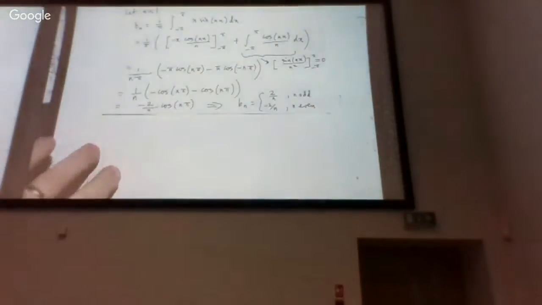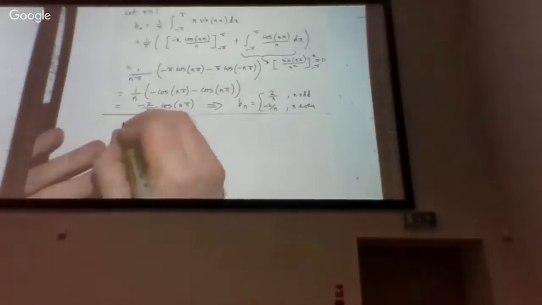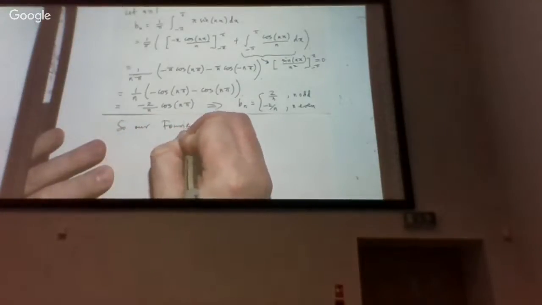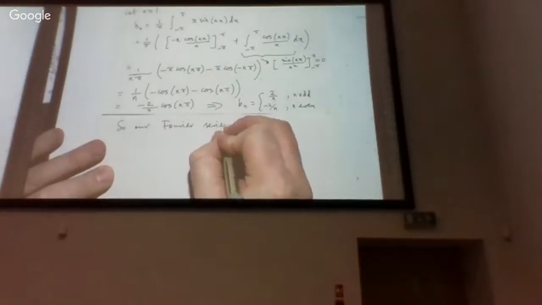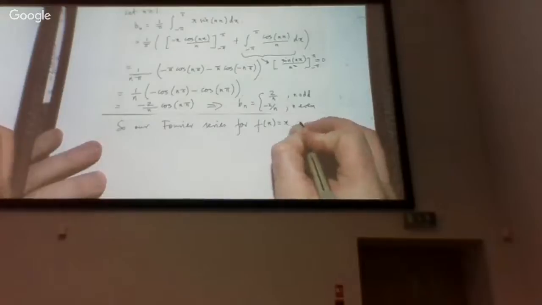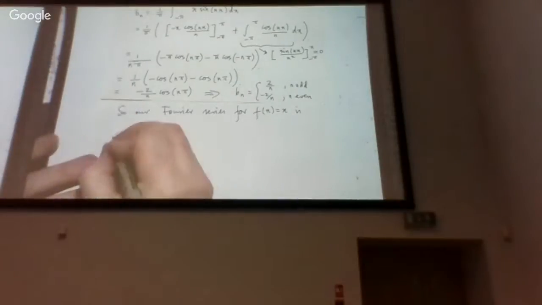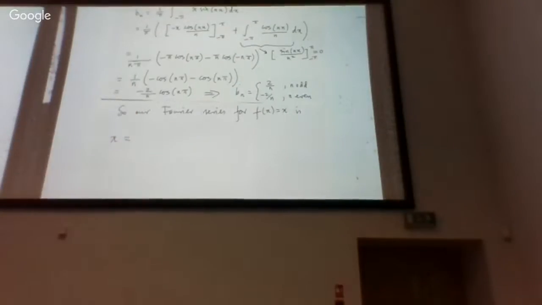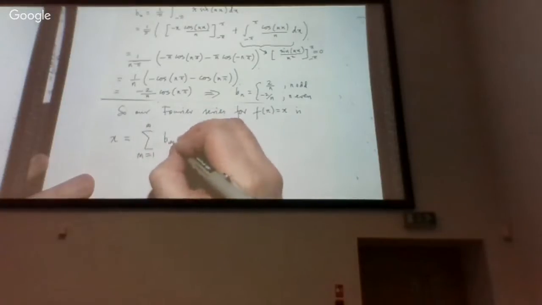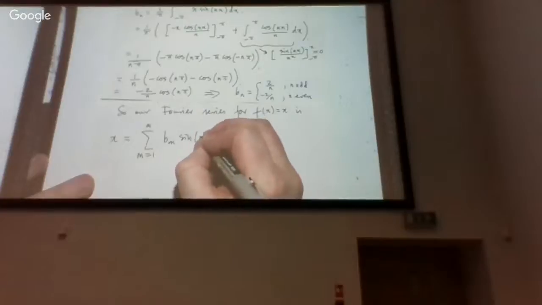So we've got all the ingredients for the Fourier series. Our Fourier series for f of x equals x has no constant term, no cosine terms. So it's just a big sum of sine terms, bm times the sine of mx.